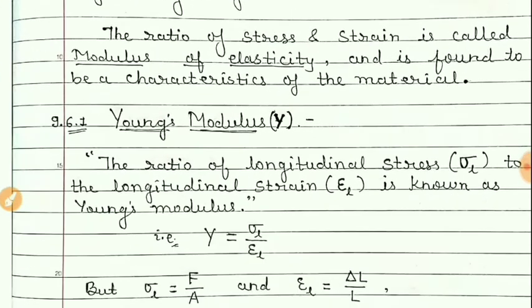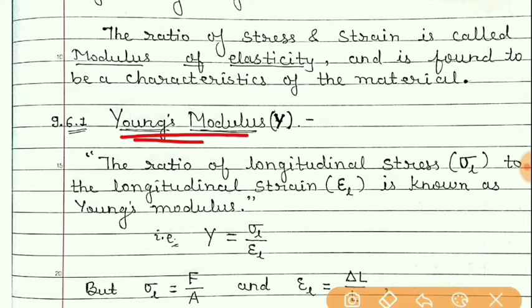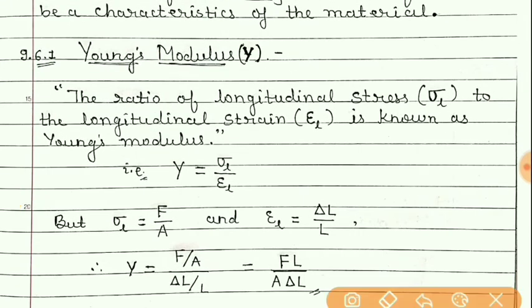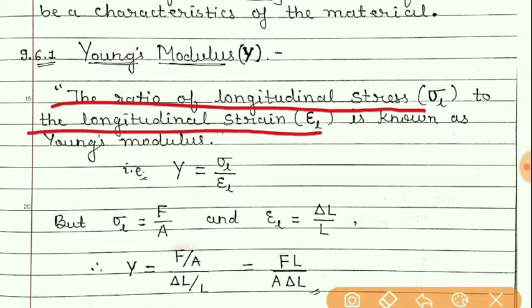And this Y is known as Young's modulus because the experiments on linear objects were done by the experimenter named Young. So it is clear that the ratio of the longitudinal stress to the longitudinal strain is Young's modulus. So according to the definition, we can write Y is equal to sigma L upon epsilon L.